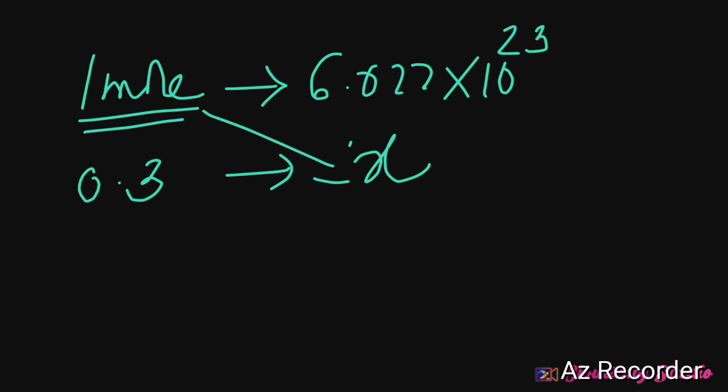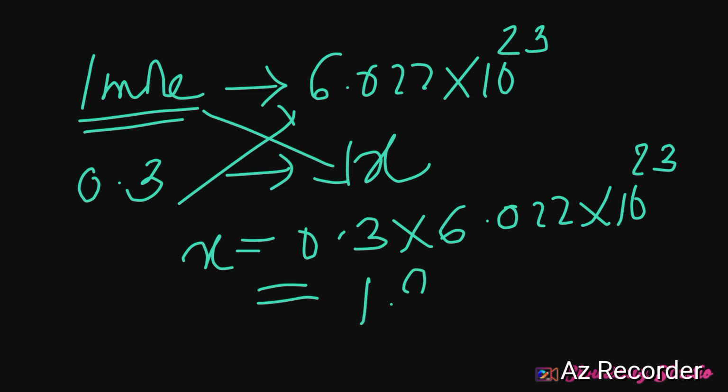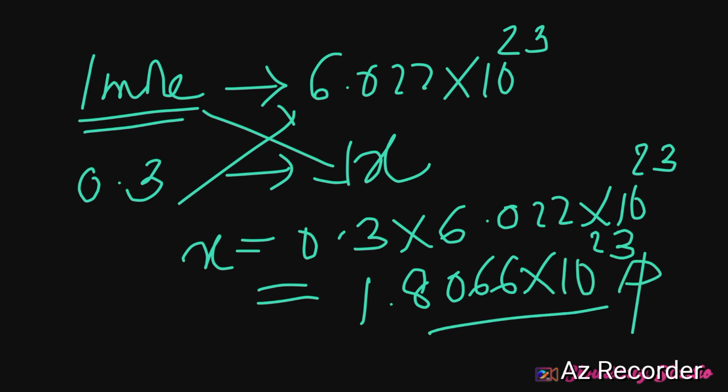On simply cross multiplying, we get x equal to 0.3 into 6.022 into 10 raised to 23, which will be around 1.8066 into 10 raised to 23 particles. This would be the number of particles present in the above given volume of oxygen gas.